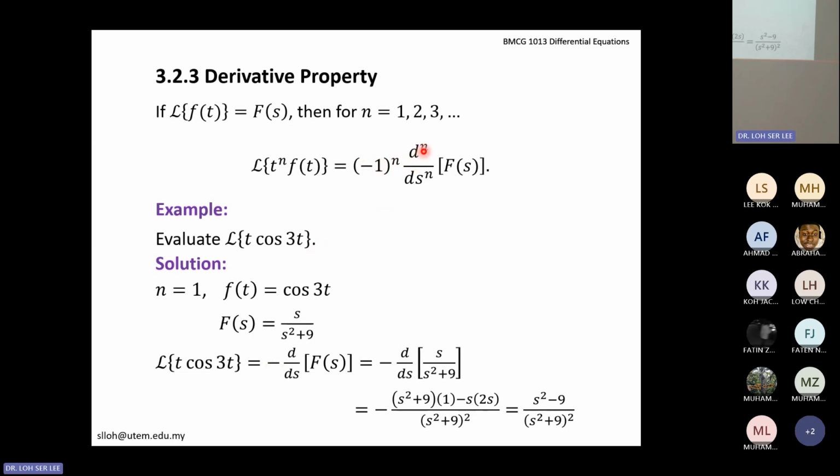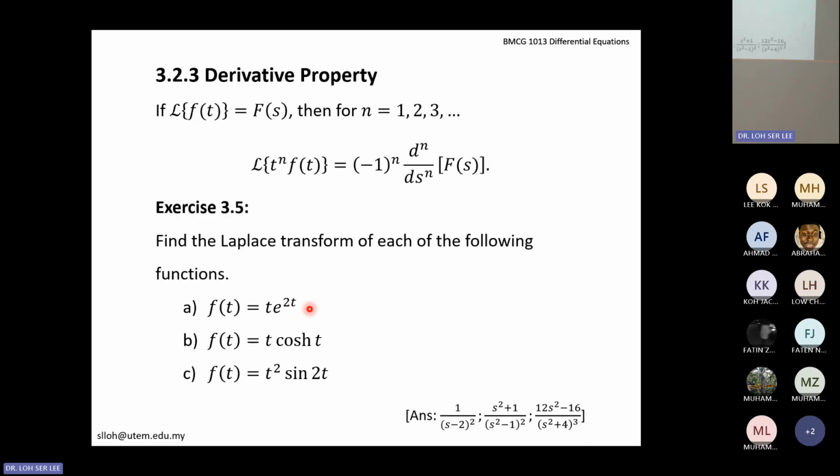And n is 1 means that you differentiate one time on this function. Where do we get this F(s)? From this f(t), you Laplace transform, you get the F(s). So we differentiate this function with respect to s. For u over v, we use the quotient rule, then we get the answer.